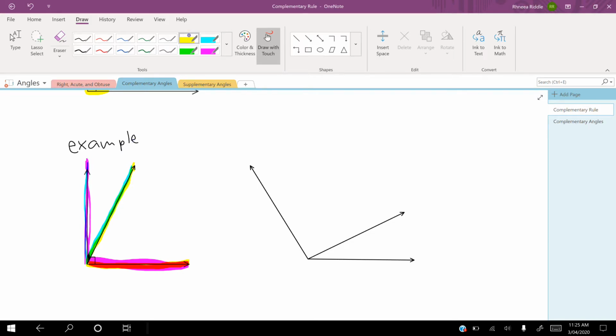Now if we look at this one, again, there are two different kinds of angles. There's one here and one here. But when they come together, they make an obtuse angle. You can see that here. That is not complementary because it is greater than 90 degrees. So this is our non-example.